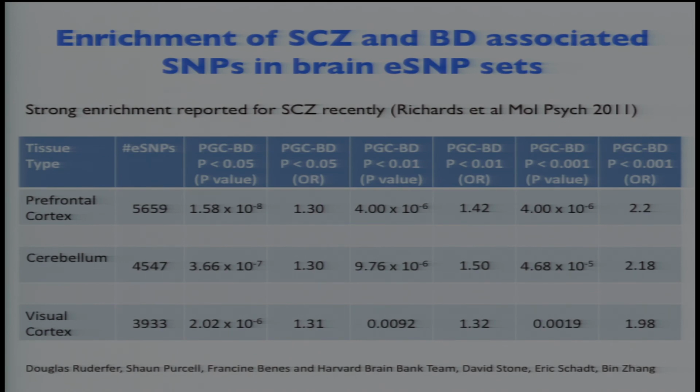It's strong both for bipolar disorder and for schizophrenia. And this implies that the set of enriched associations are not at all random with respect to the association data.